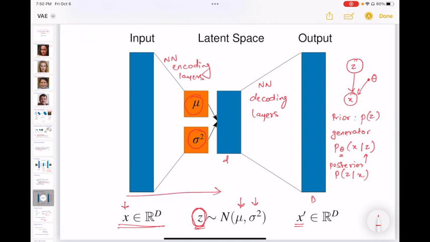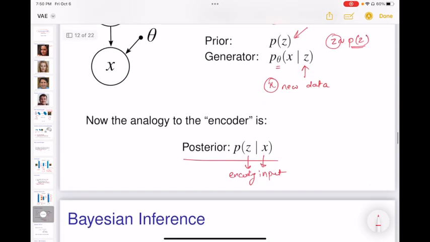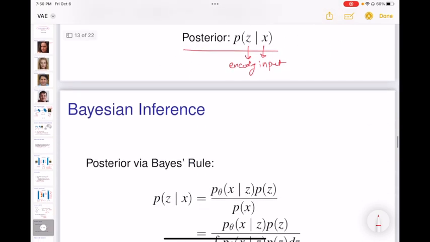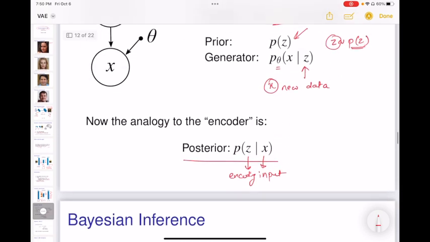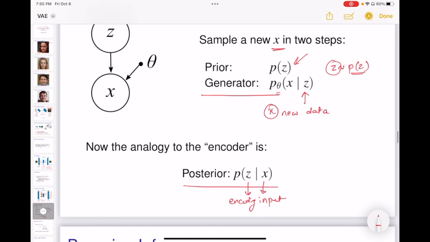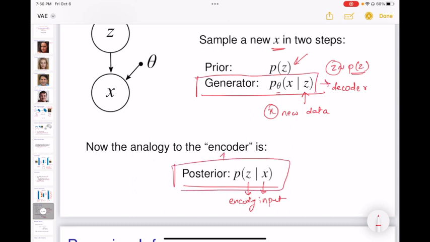So this is where you're getting X and then trying to predict Z. This is the representation of the encoder, and this is the generator, which is the decoder, right? So this generator represents the decoder, whereas this represents the encoder.